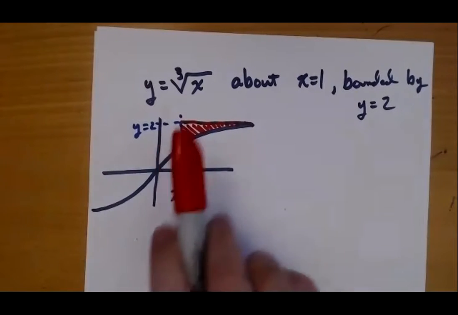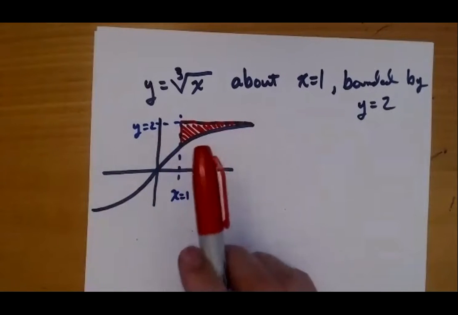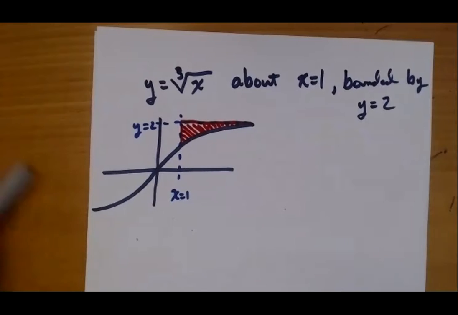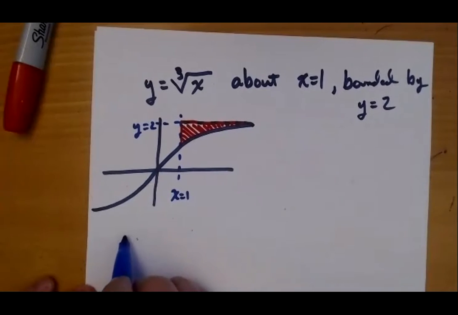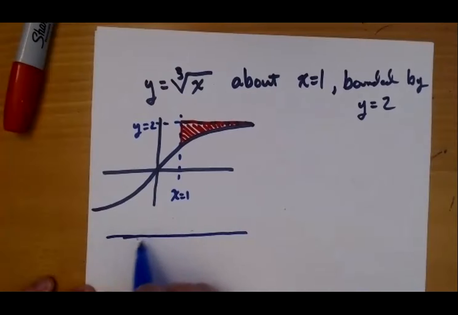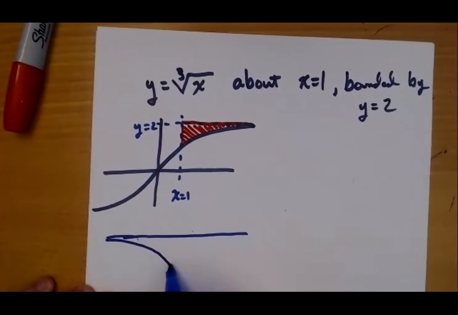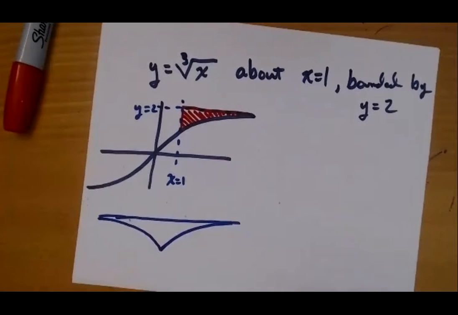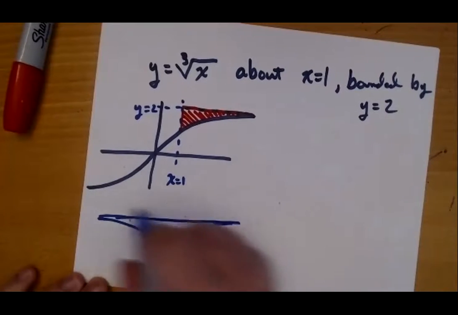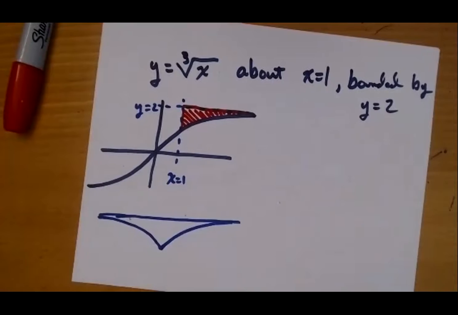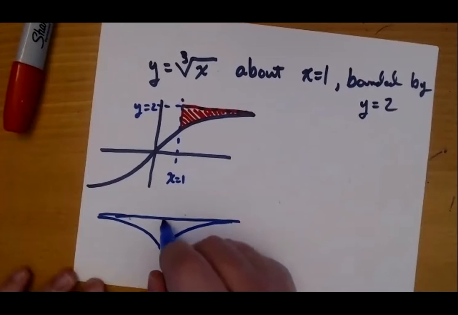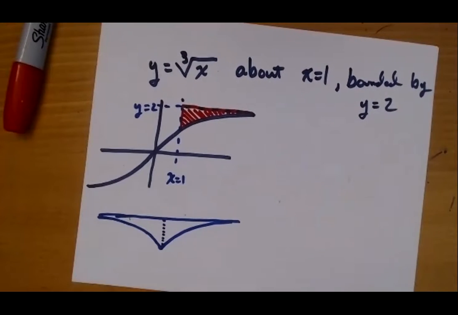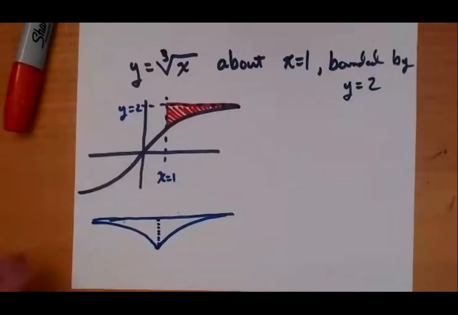And when that thing spins around x equals 1, it's going to look like something like that, like a weird looking top, but it'll be circular. You see? So we can do this.